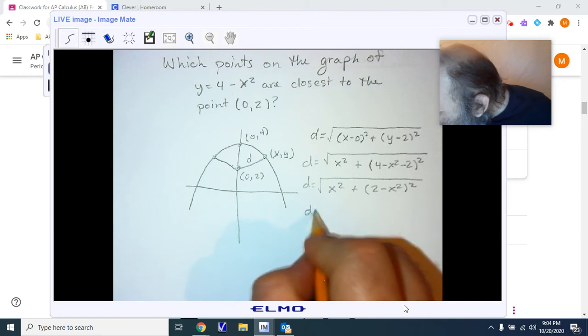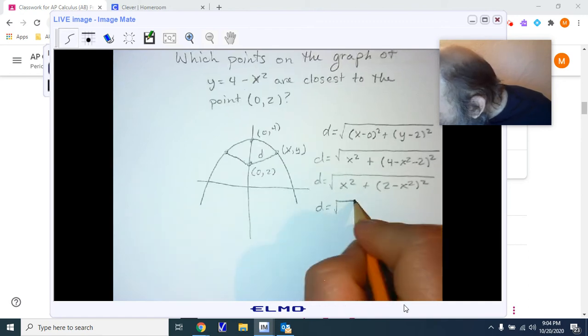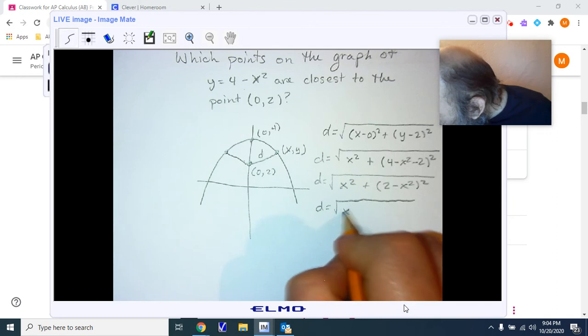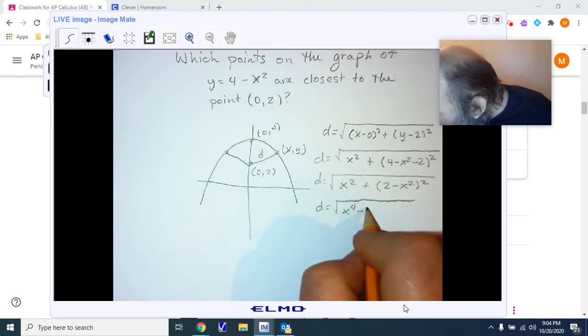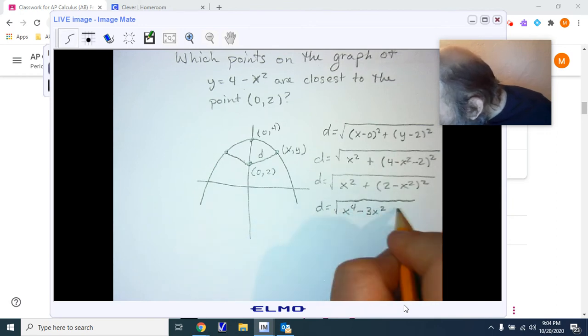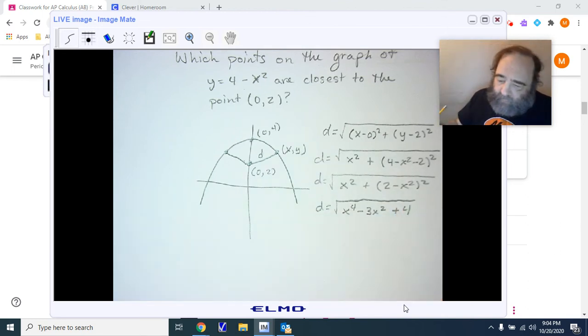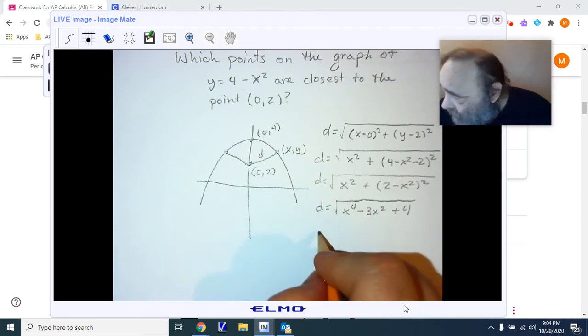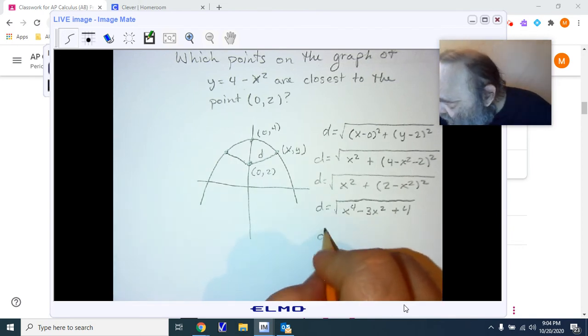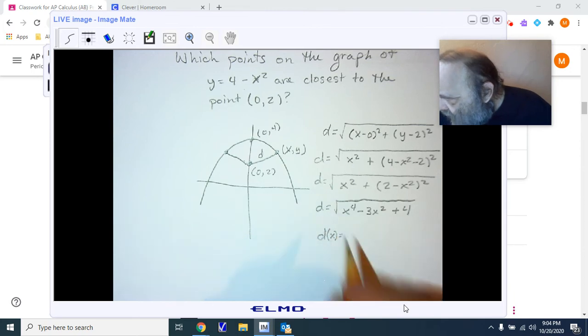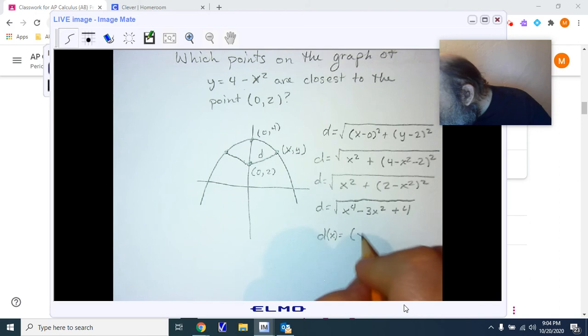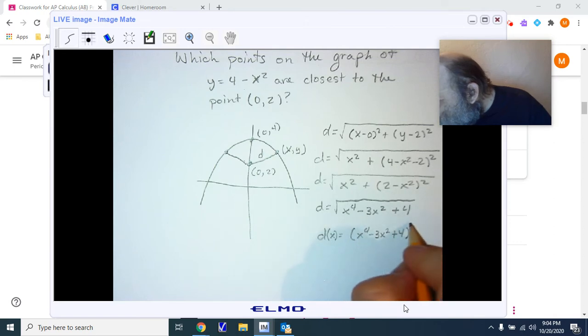Now we can start to see where things go. We have an x to the fourth. We're going to be subtracting a 3x squared, and then we have a plus 4. We take our derivative. Now be aware, when I take my derivative of this distance in terms of x, I want to use just the inside.